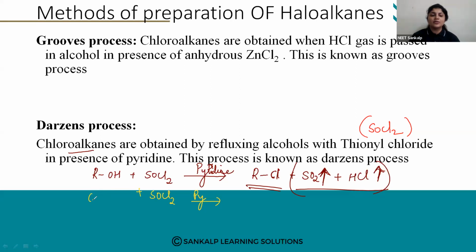C2H5OH plus SOCl2 in the presence of pyridine base gives C2H5Cl plus SO2 gas plus HCl. So it is ethyl chloride. This is the product which is obtained. So this is the second important reaction of haloalkanes.